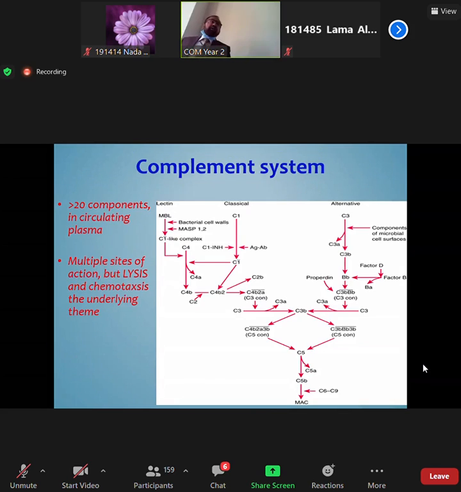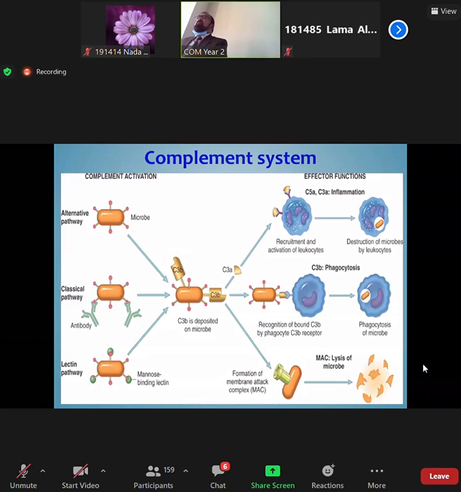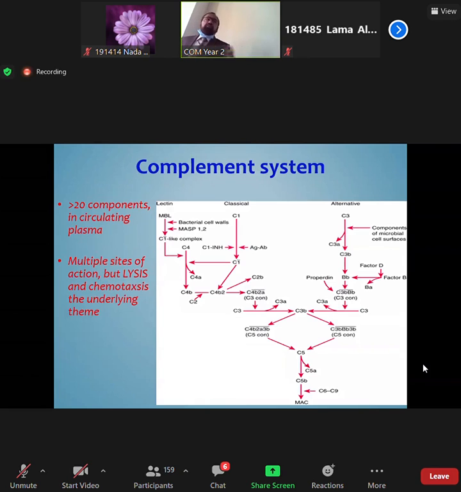Now we are here in the complement system. This is a complex slide. So don't be confused with this complex slide. So we have another one, which is in your Robbins book. So I will just go back just to make you understand that there are three main pathways to activate this complement system. One is the classical pathway, the other one is the alternative pathway, and the third one is the lectin pathway.